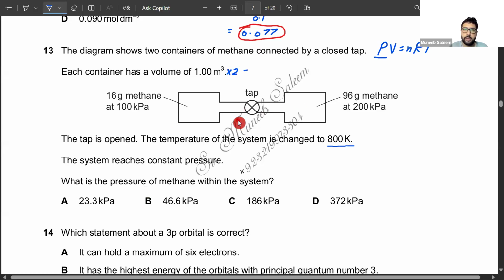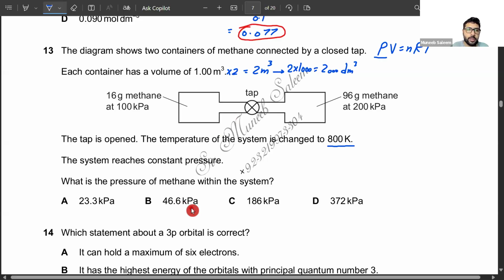So this will be equal to 2 meter cube. And since the pressure is given in kilopascal, we need to convert this meter cube into dm cube. And we know 1 meter cube is equal to 1000 dm cube. That means it will be equal to 2 times 1000. It is equal to 2000 dm cube.